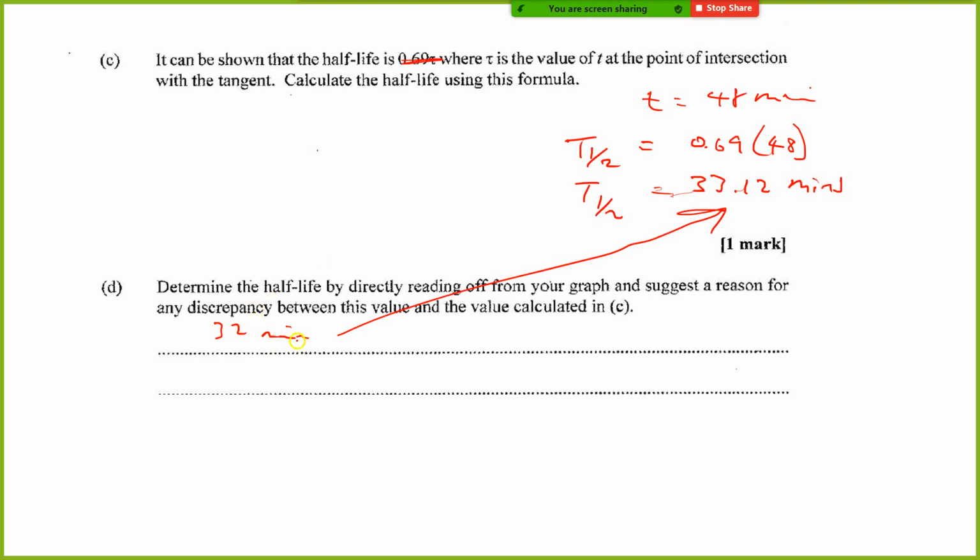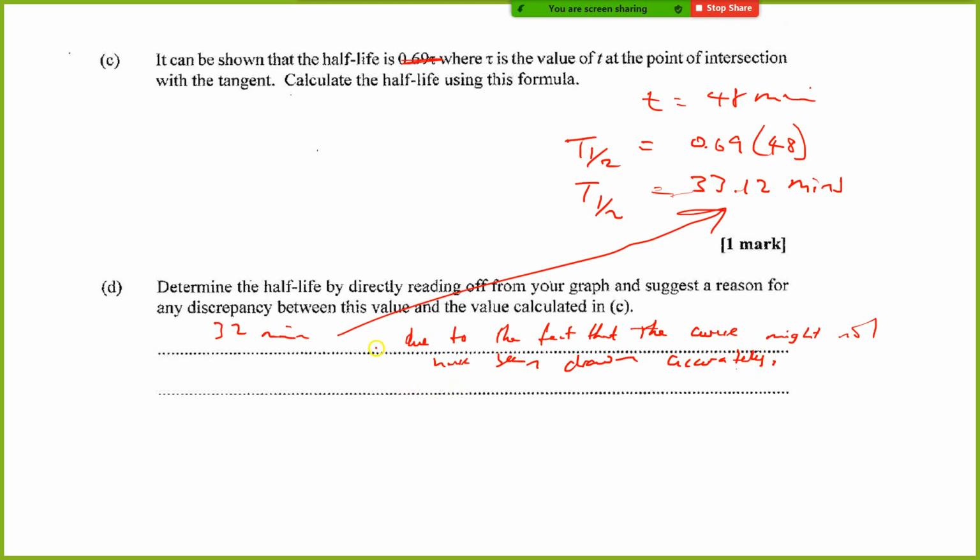It goes on to say, suggest a reason for any discrepancy between this value and the calculated value. So you could simply say, due to the fact that the curve might not have been drawn accurately.